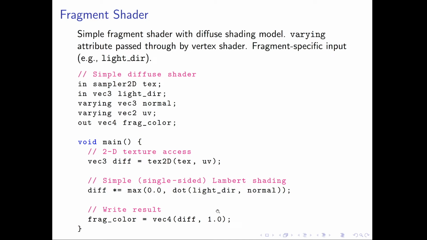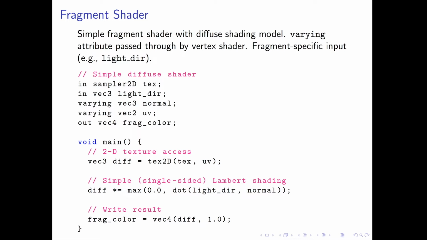And the fragment color is an RGBA color, but our surface is opaque, so we're setting the alpha component to 1. What's important to note here is that inside a fragment shader, we can basically perform any computation to compute the fragment color. There are also certain other variables that we can influence from within the fragment shader that I'm not showing here for simplicity. For instance, the fragment's depth could be influenced, or the fragment could be discarded.